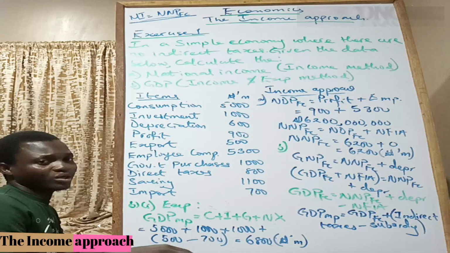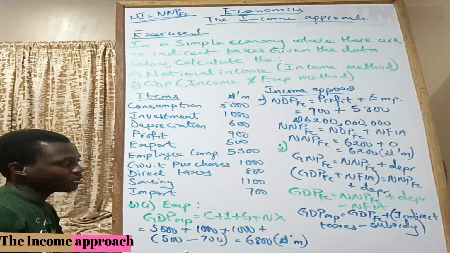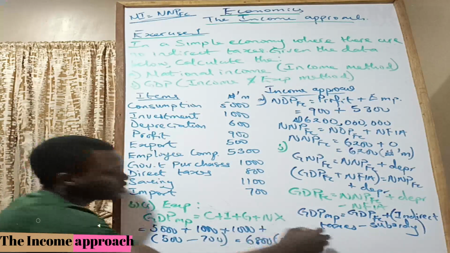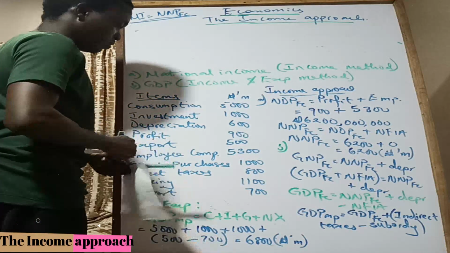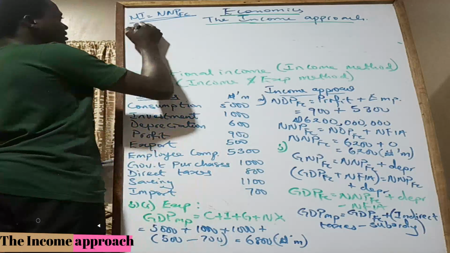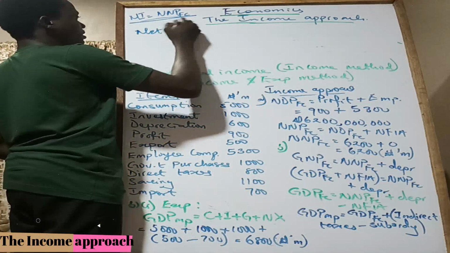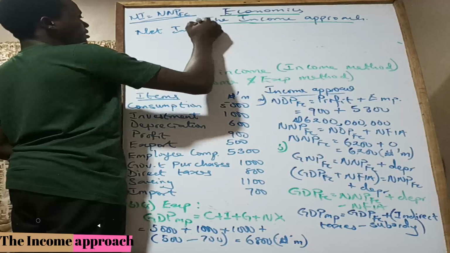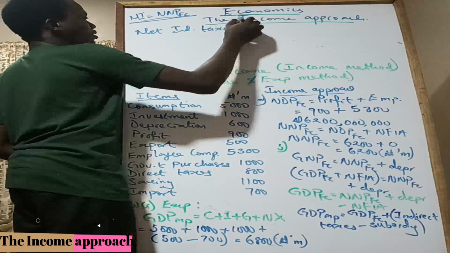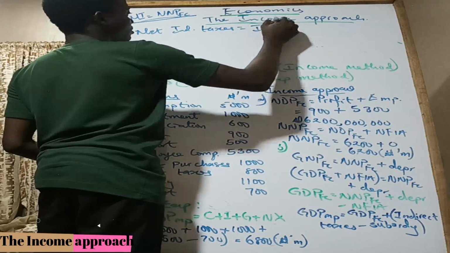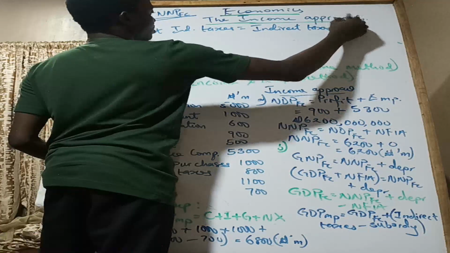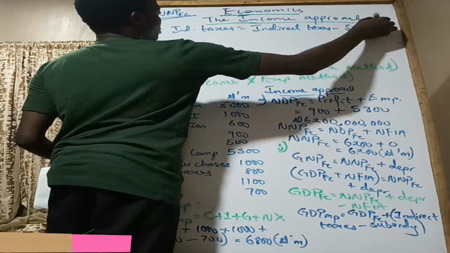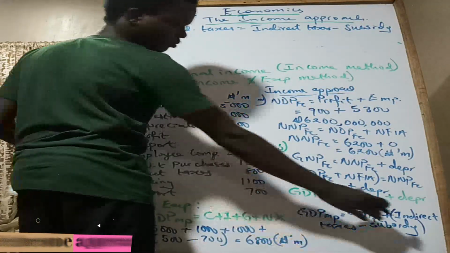The more you play with questions on national income, the more you're going to understand national income. I think we can just proceed. Let me erase this. So there's something called net indirect taxes, and this is equal to indirect taxes minus subsidy.